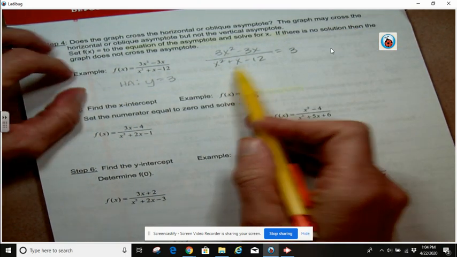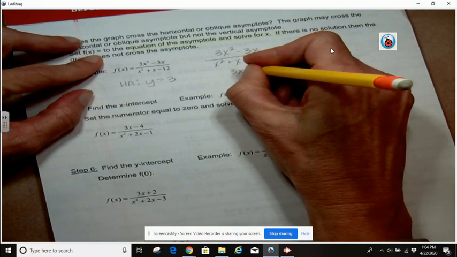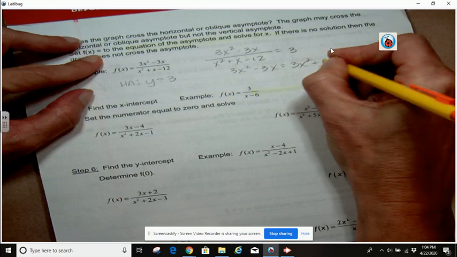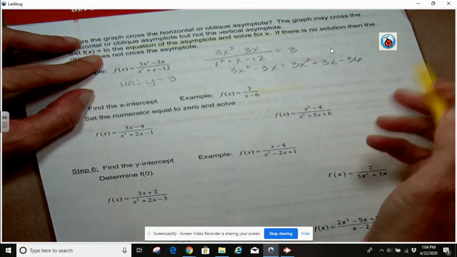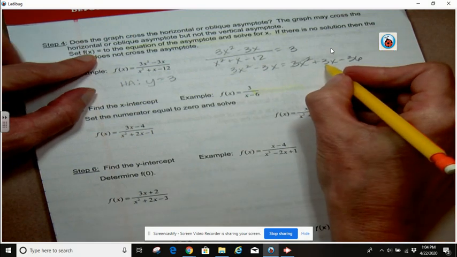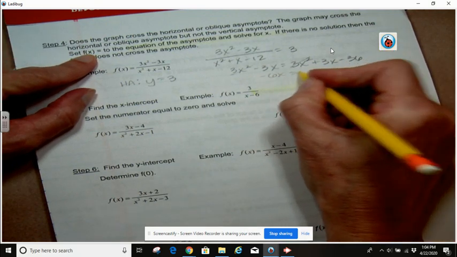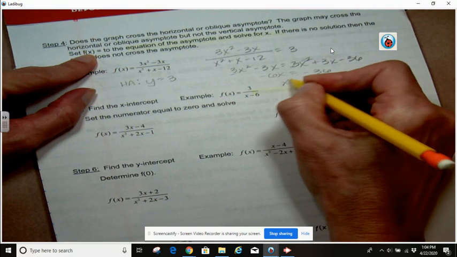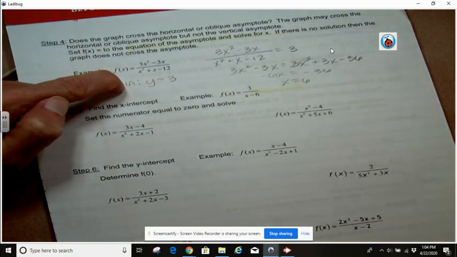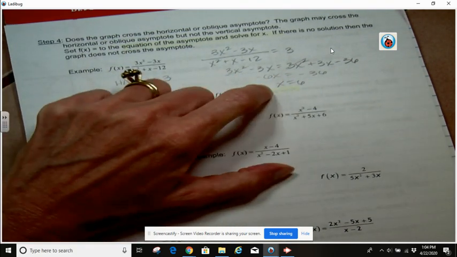So we're going to multiply both sides by the denominator. I'm going to distribute 3 to that trinomial. If I subtract 3x squared from both sides, that'll just go away. Then if I move this 3x over, I have negative 6x equals negative 36, so x equals 6. So this function will cross this horizontal asymptote at x equals 6.